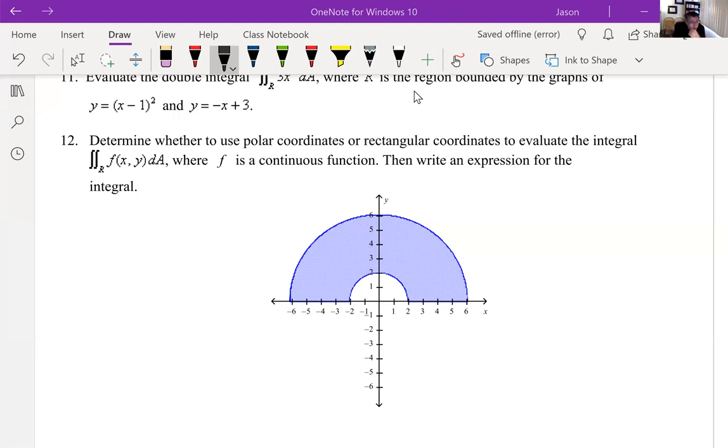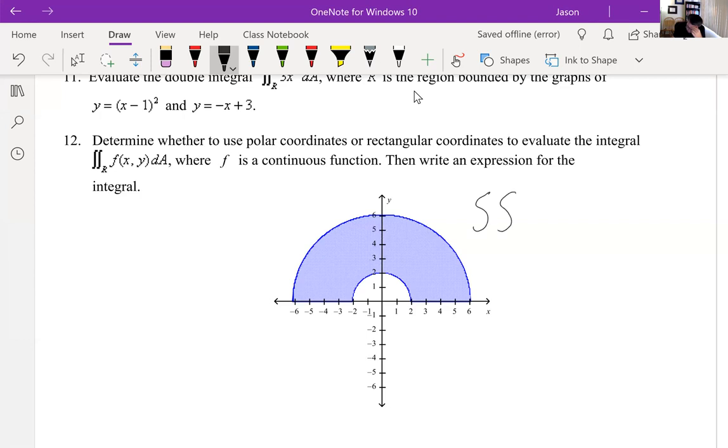So when I do this, I'm going to have to write the expression for the integral. This is going to go from f of r theta, which is really going to be x and y. So what's x? X is r cosine theta and y is r sine theta, right? And then we've got our r dr d theta.